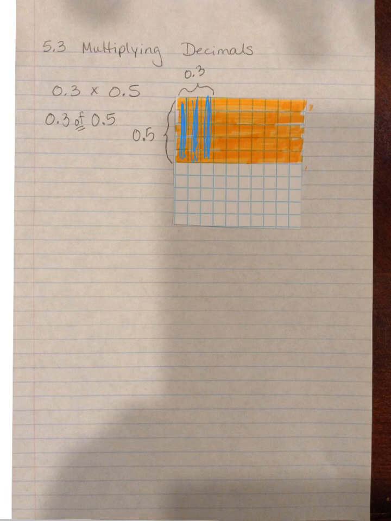So 3/10 of 5/10. And so when I multiply that out, you can see that I have 15/100ths. So if you look at all the little squares, there are 100 of them, and so I have 15/100ths that are shaded both orange and blue, or 3/10 of 5/10.